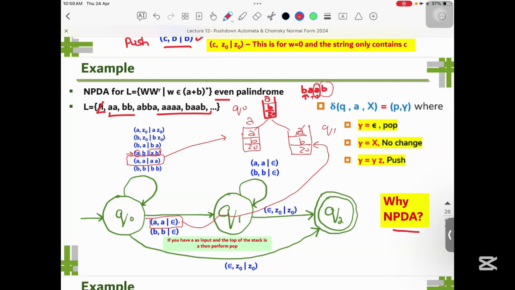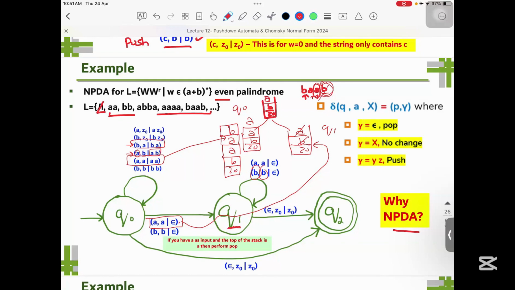Now for this one, which is another B, the stack top is A and the input is B. We have only this path here. So it will go Z0, then B, then A. Then we have another A, and then again a B. However, in this case, we are in Q1 and the next input is B. So if the input is B and the stack top is B, what you need to do is a pop. Done.